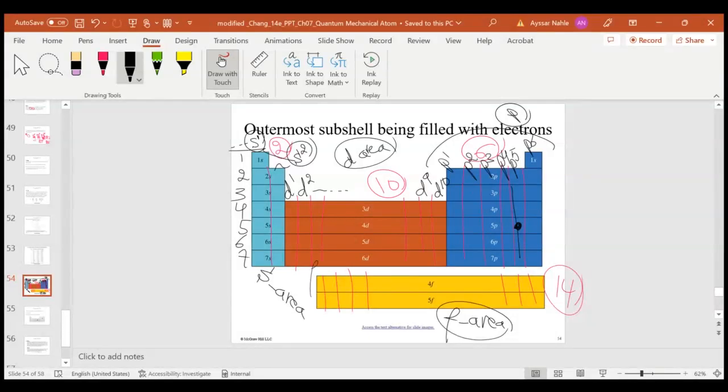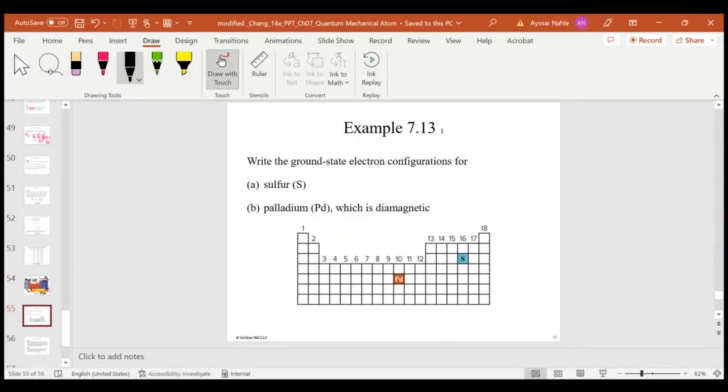In the F area, f1, f2, f3, f4, f13, and f14. That's it. Now from the position of the element in the periodic table, I can know where its configuration is going to end up. All right, so this is called the areas of S, P, D, and F. Is it clear? I think we will stop right here.